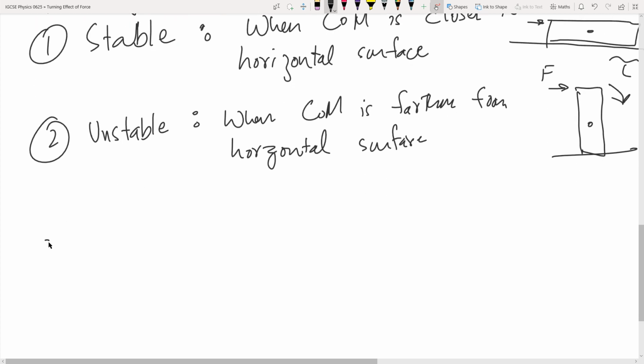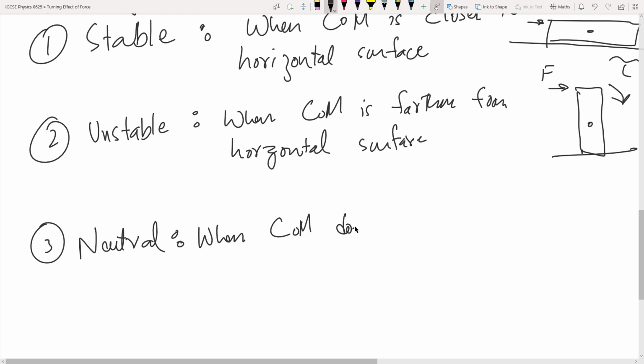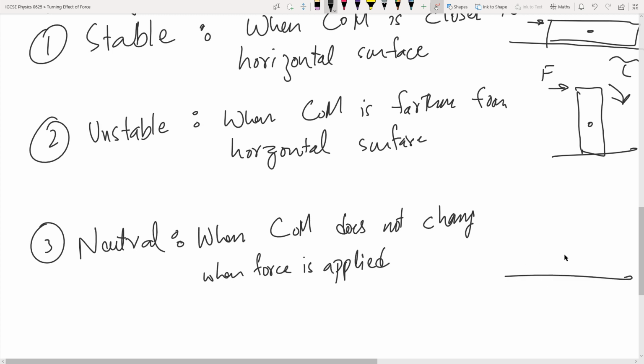And the third one is a very unique case which we call the neutral state of equilibrium, when COM does not change when force is applied or it is tried to be disturbed. That is the case of a sphere, and many other cases are also there. Why?